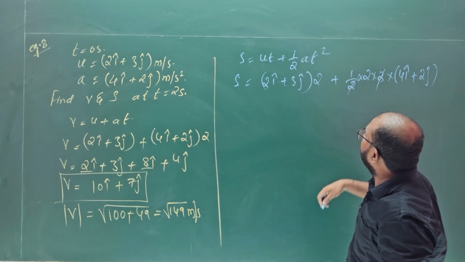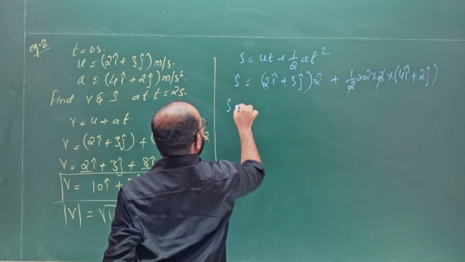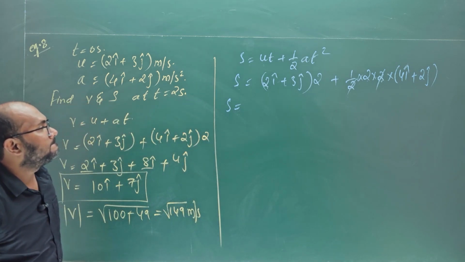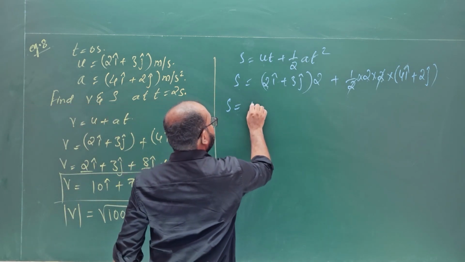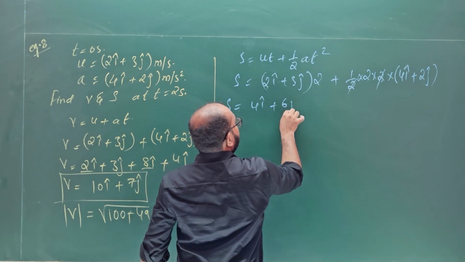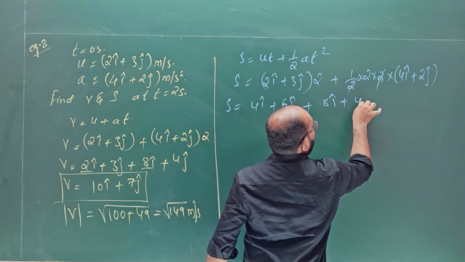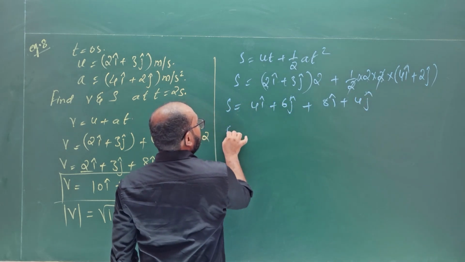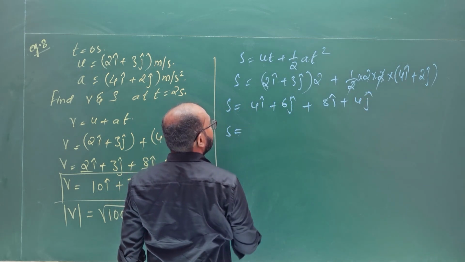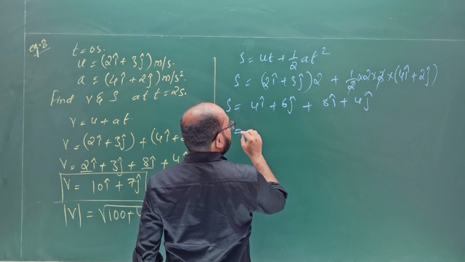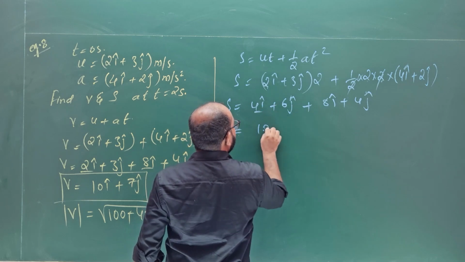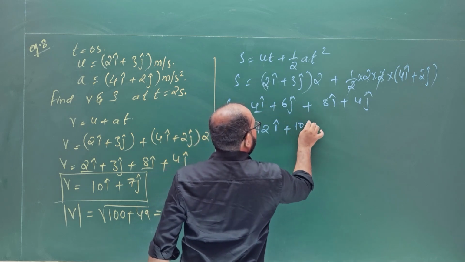Can I cancel this 2 and 2? Or s is equal to 4i cap plus 6j cap plus 8i cap plus 4j cap. So s is equal to, 6 plus 4 is 10, and this one is 12. So 12i cap plus 10j cap.